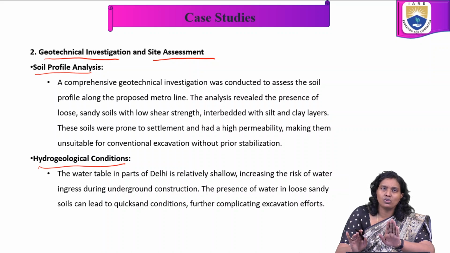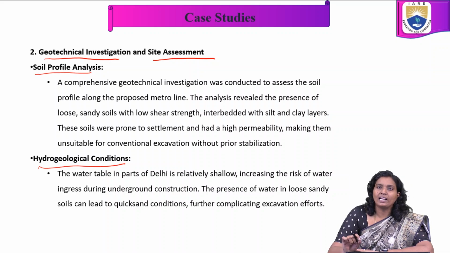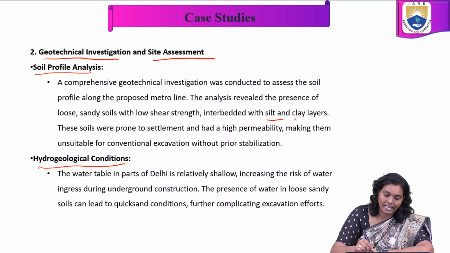A comprehensive geotechnical investigation was conducted to assess the soil profile along the proposed metro line. The analysis revealed the presence of loose, sandy soils with low shear strength, along with silt and clay layers.